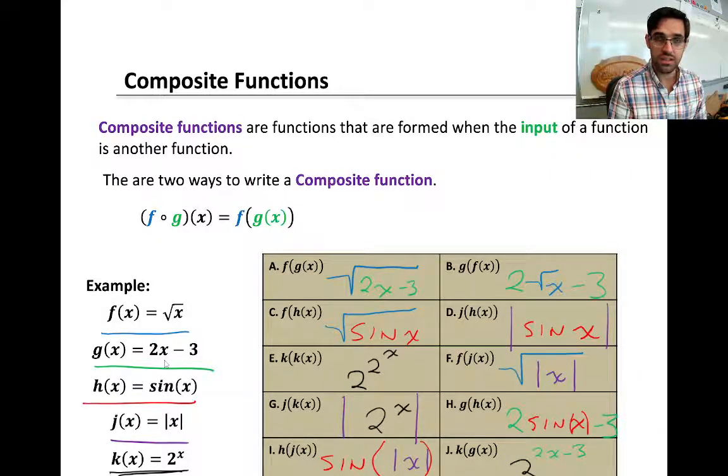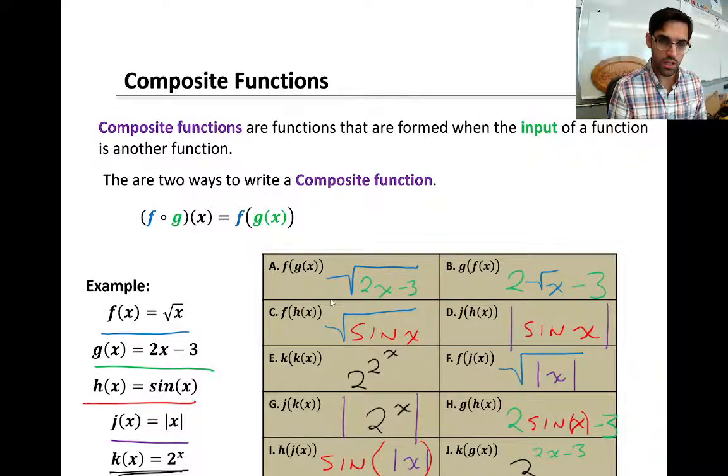So we're going to take the inside function, the expression, and that expression is going to go into the outside function. Wherever you see x is going to go out, and 2x minus 3 is going to go in its place. So the square root of x becomes the square root of 2x minus 3. Again, 2x minus 3 is the input function, and it's going inside of the square root, which was the f function.